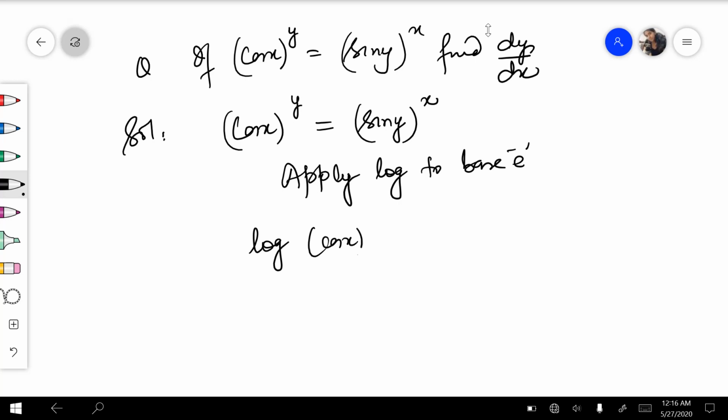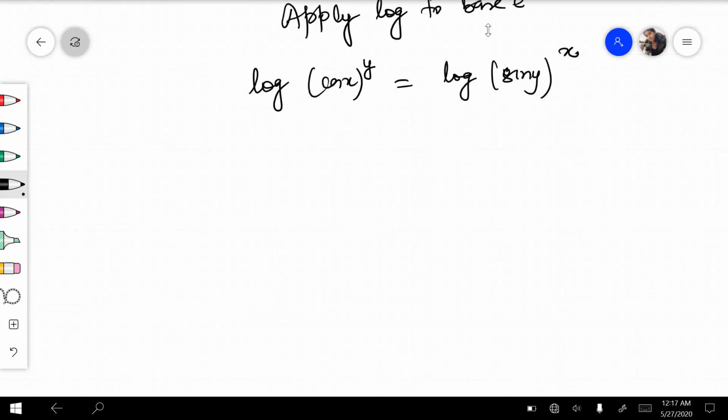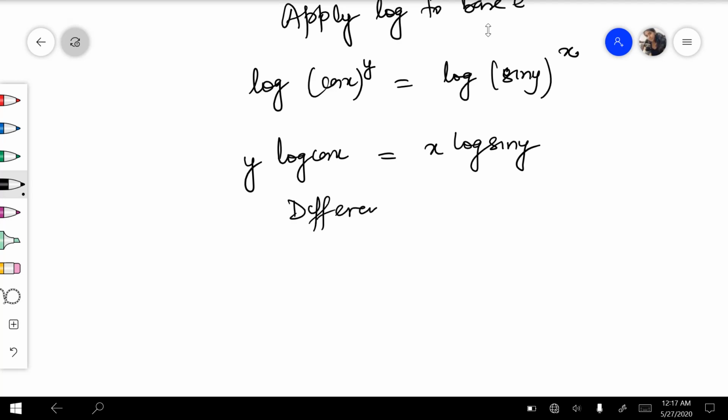So what we get? Log of (cos x) raised to power y is equal to log of (sin y) whole power x. So by properties of log, this becomes y log of cos x is equal to x log of sin y. Now differentiate both sides with respect to x.